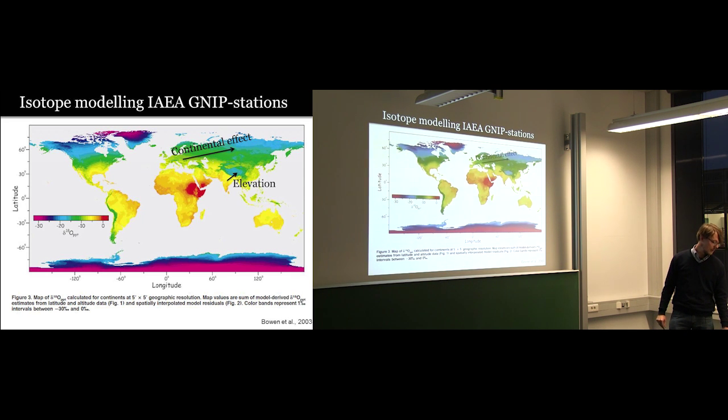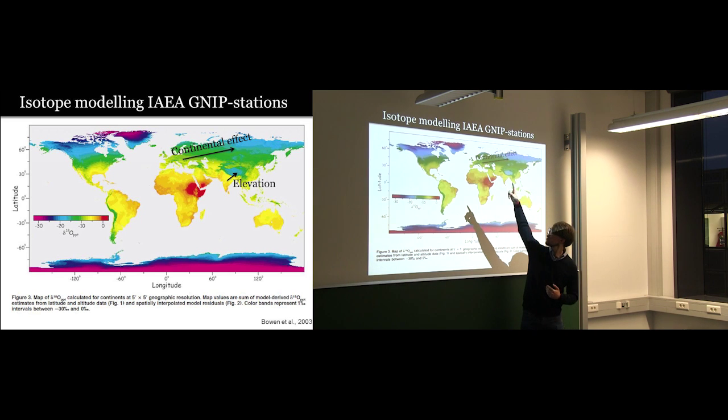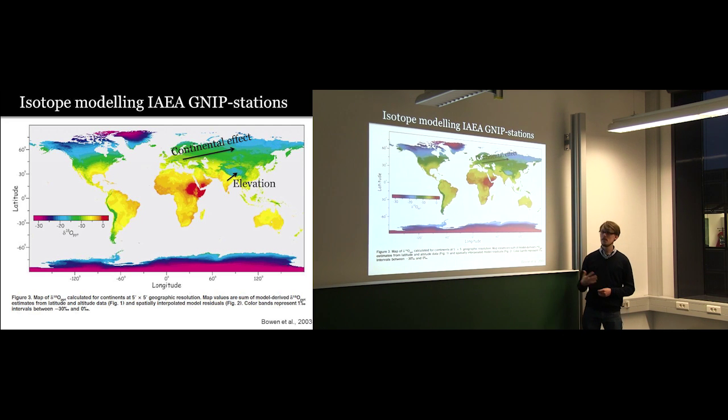First of all, there is one effect that's called the continentality effect, or continental effect. This is quite visible here if you go, for example, from Europe into Russia and into the Arctic. You rain out your water that's derived from the Atlantic over time as the air mass trajectory goes eastward, and you lose a lot of water in precipitation, and that's why the stable isotopes are much more depleted.